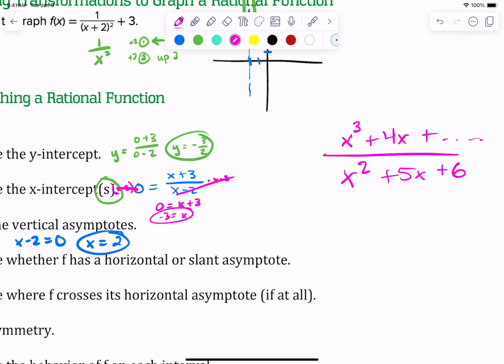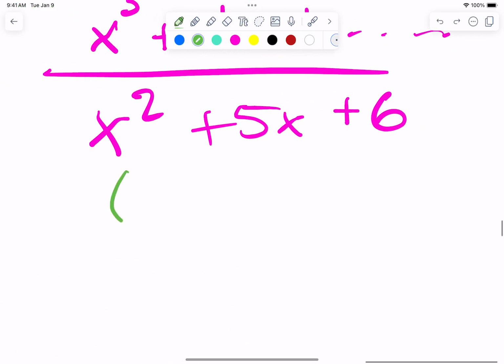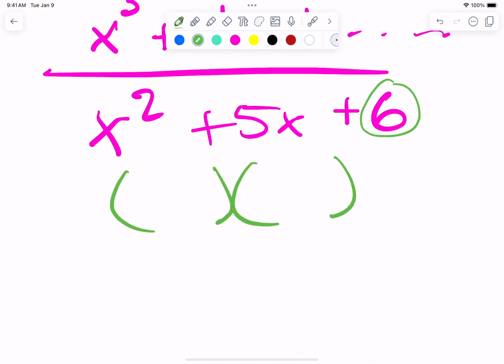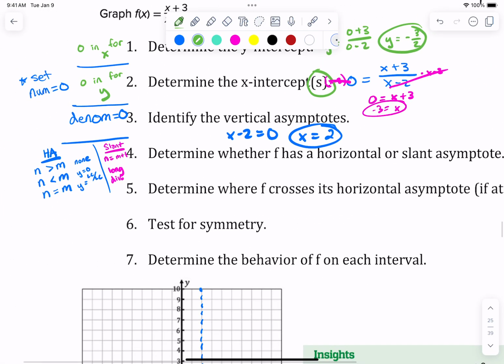We can only do synthetic when it's x plus something on the bottom. If it's x squared on the bottom, I would do long. Unless you factor it: multiply to get 6, add to get 5, that would be x plus 2, x plus 3. So you could do synthetic division twice, or just do long division once. So that's where you have to decide.